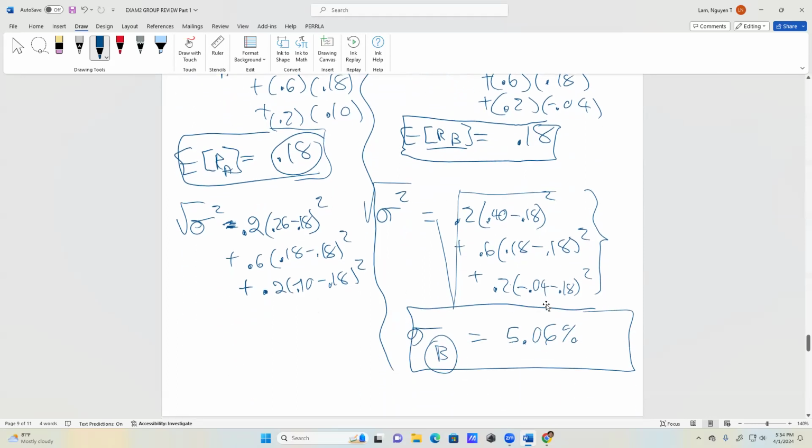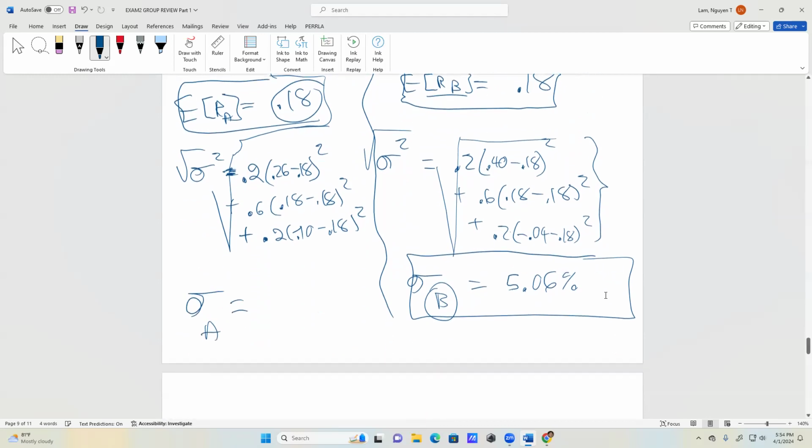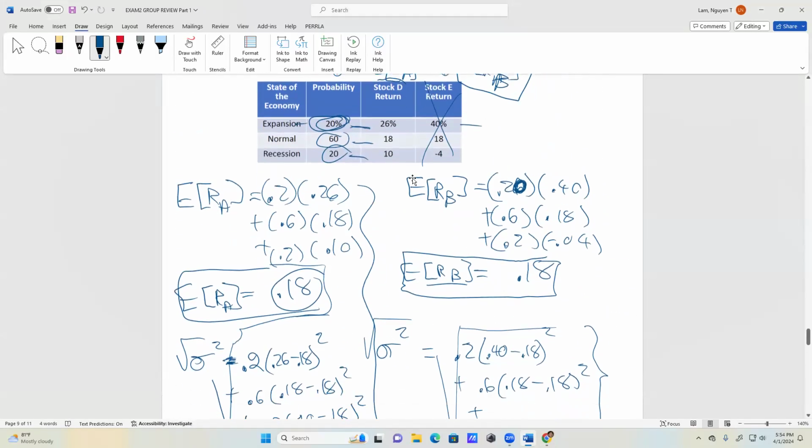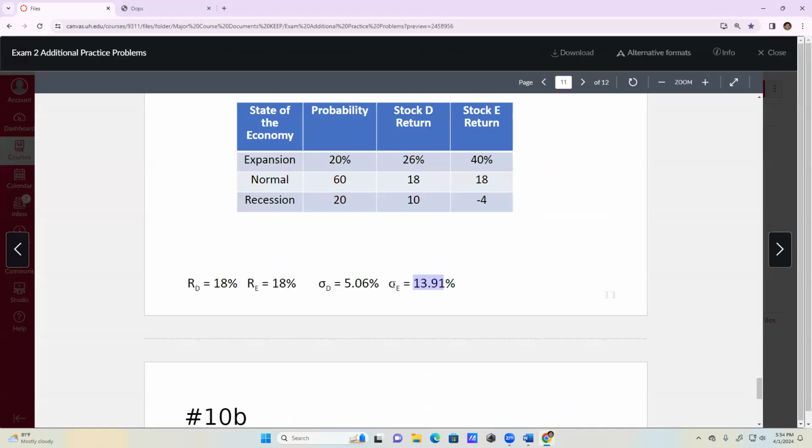All right, at the end, remember, because you have to square root both sides to get the standard deviation of the stock. And in this case, if you do that, you would get, oh, wait one second. I think I missed some. Okay. D, E, right? Okay. My apologies.